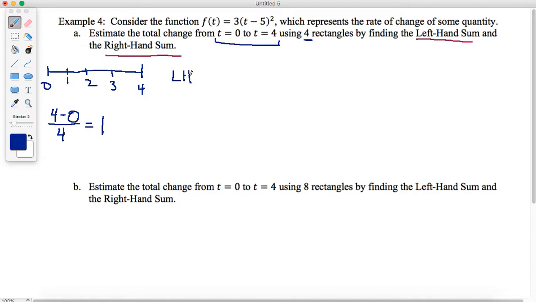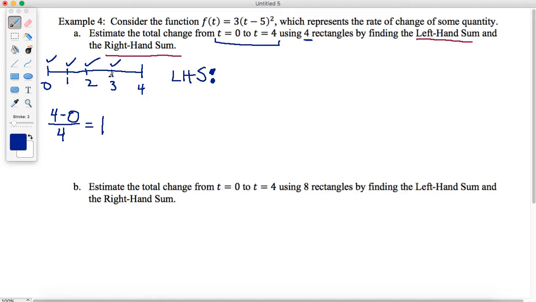When I do my left hand sum to give me the total change in my variable here, I'm going to use my left endpoints, and I'm saying left hand sum, LHS. I'm going to use this endpoint, and that endpoint, and I'll leave that one off.